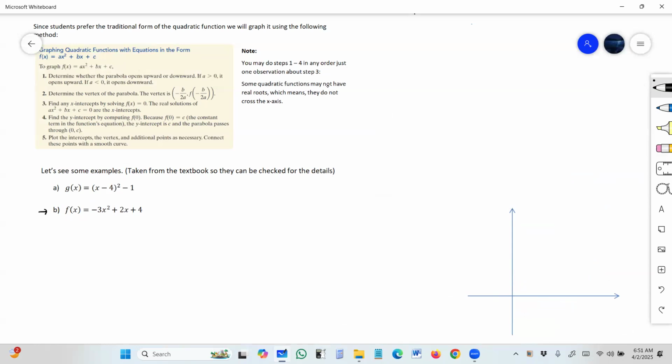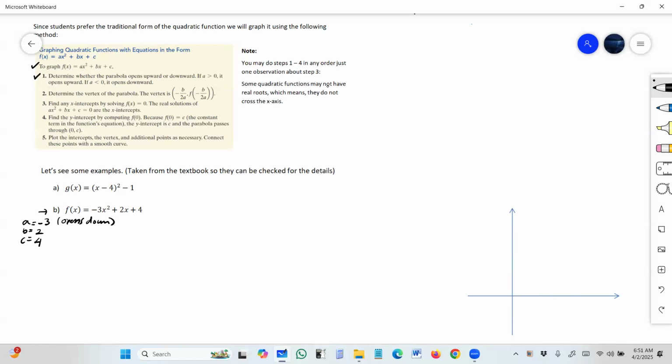In the second case, the parabola is already in the traditional form, so I'm going to find a, b, and c immediately. a is the coefficient of x squared, b is the coefficient of x, and c is the number. From this, I can see that the parabola opens down, because a is negative.